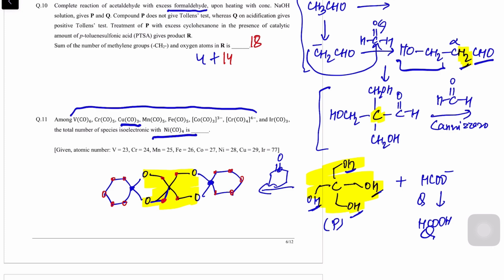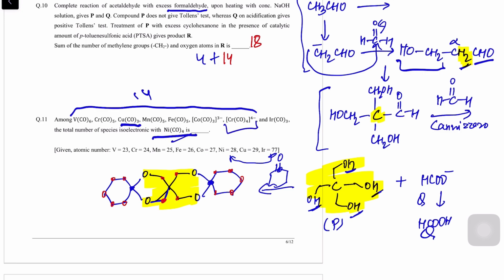So the number of electrons in carbon monoxide is 6 plus 8, that is 14. Now, obviously, copper cannot have 14 electrons more than nickel, right? I hope you're getting my trick here because it's very easy to observe. Iridium is 77. Its number of electrons is way higher than the number of electrons in nickel, right? So that also cannot be isoelectronic. That only leaves us with this, right?